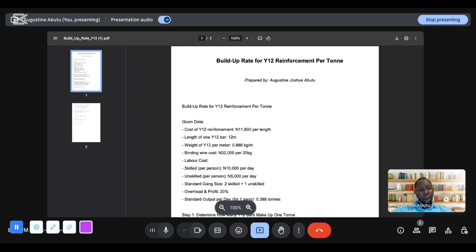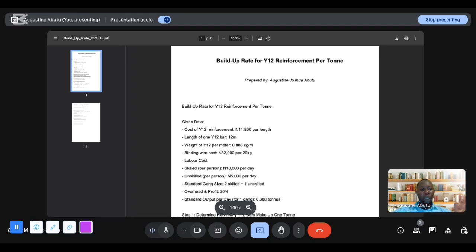So for Y12, the diameter squared is 12 times 12, multiplied by 0.222, divided by the diameter of that bar, which is 36, right? It will give you 0.888. You've converted the bar to kg. So now it is in kg.